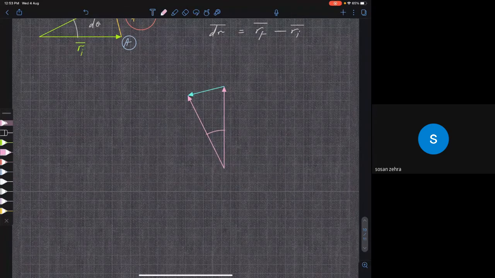I'm taking this as vi and I'm taking this as vf, and the angle between I'm taking as theta.